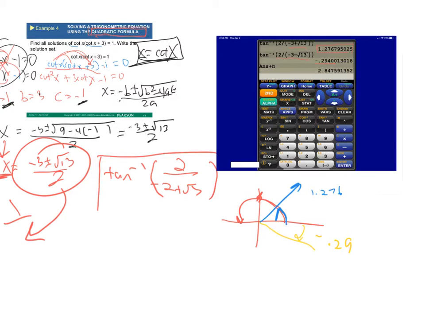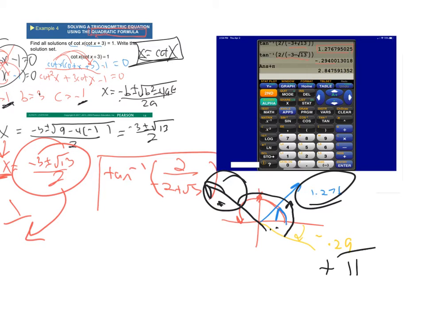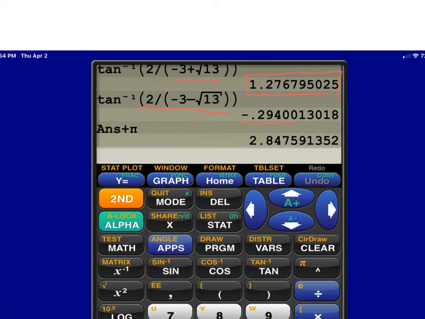But my cotangent is positive, so I need the answer that's 180 degrees going counterclockwise. That would take it up into here. How do I get the positive cotangent that's up here? This one's a positive cotangent. It's fine. This one's going to be my positive cotangent. What did I do with my negative 0.29? I added pi. And that rotated that answer up there. So I added pi, and so there's my second answer.